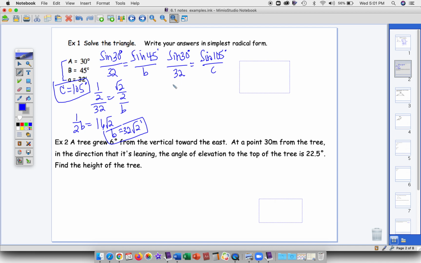Let's see, what do I want to do with that? I think I'll just leave that. I'll remember this is 32 over 1. So when I flip, I'm going to just make this 1 over 64 for now. And that's times C. Let me get the C out of the way.